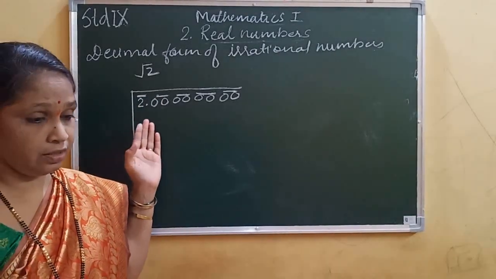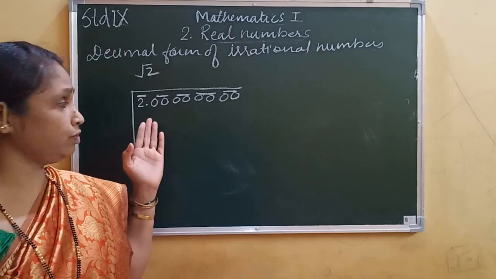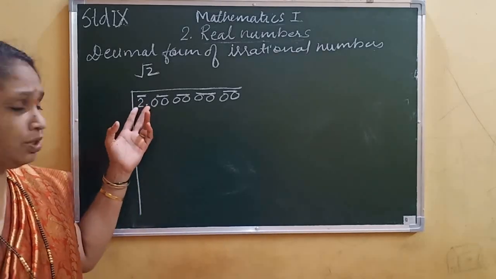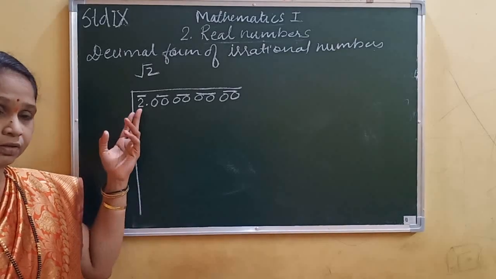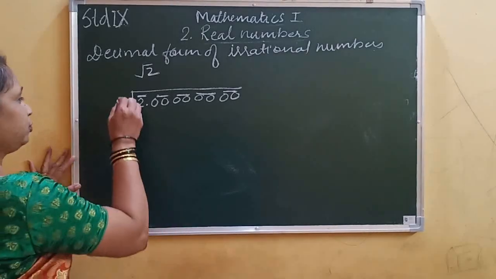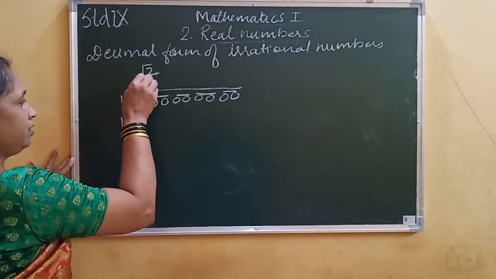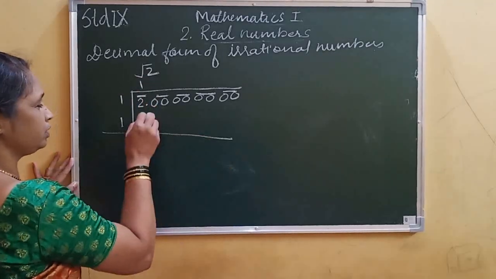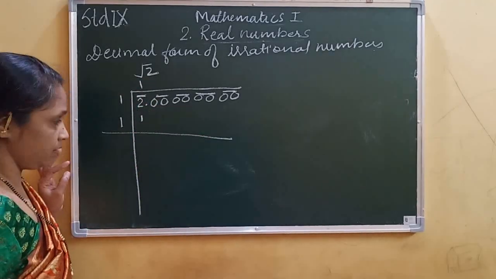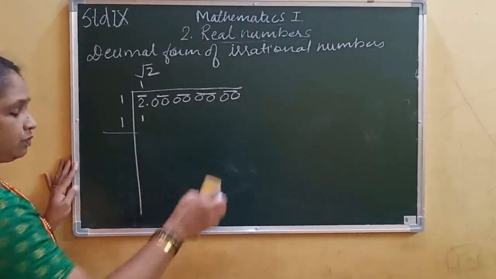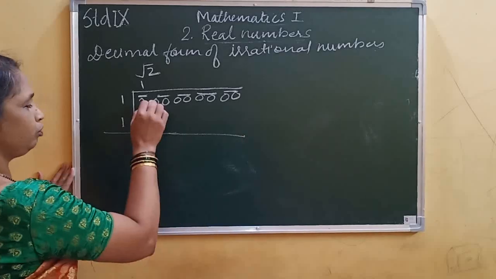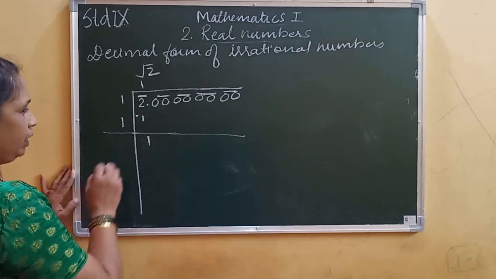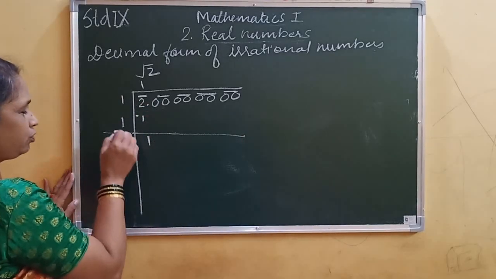When we are doing the division, see, 2. Which is the square nearest to 2? The square nearest to 2 is 1. So we write 1, 1 and 1. Here 1 square is 1. Now after this, the difference: 2 minus 1 is 1. And here we have to do addition.